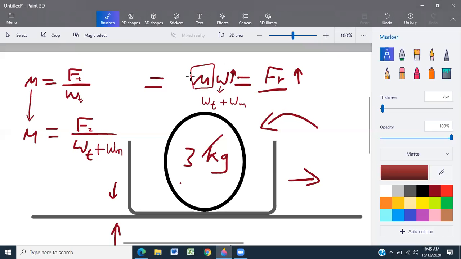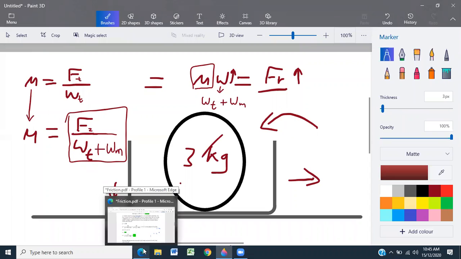It's not changing, it's unitless, and it's based on the materials. So is everyone okay with this formula? Yes, sir. Okay, good. So now back to the question.